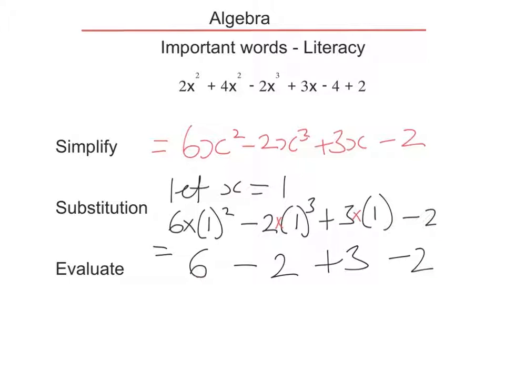We've got 6 minus 2 is 4, plus 3 is 7, minus 2 is 5. So I have evaluated and got an answer of 5 for this expression when I have substituted x equals 1. So the expression, let x equal 1, substitute is this part, evaluate is this part, finding the answer.